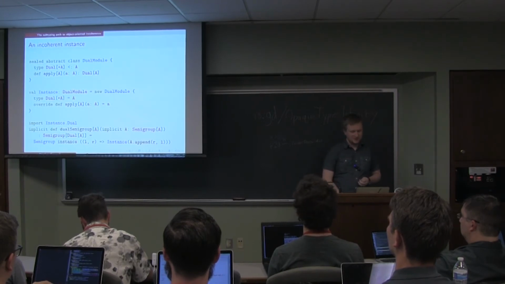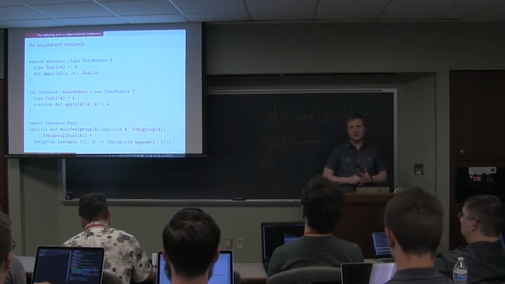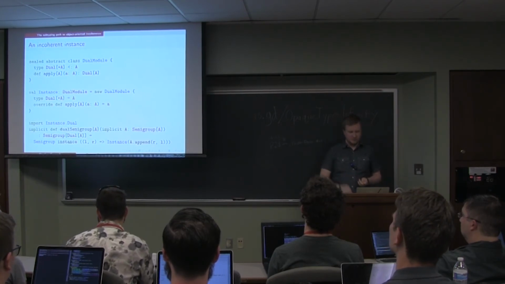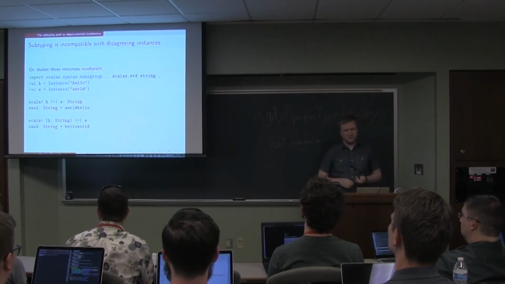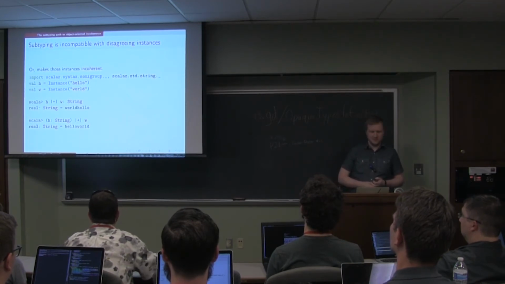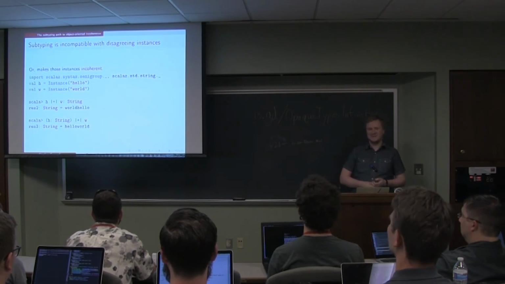But if we define different type class instances, another common use case for new types, then we get potentially very confusing behavior. So if you define Dual of A is a subtype of A, like this, so Dual of String is a subtype of String. And we say, well, Dual Semigroup just reverses the underlying semigroup. Well, if we have two Dual of Strings, H and W, the result that we get depends on where the widening happens.